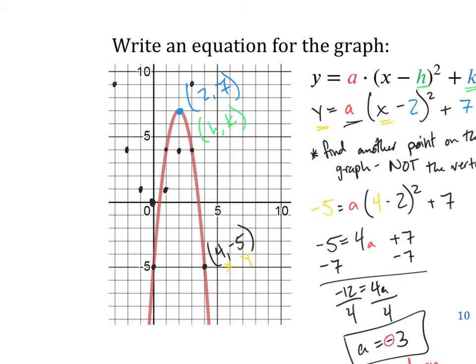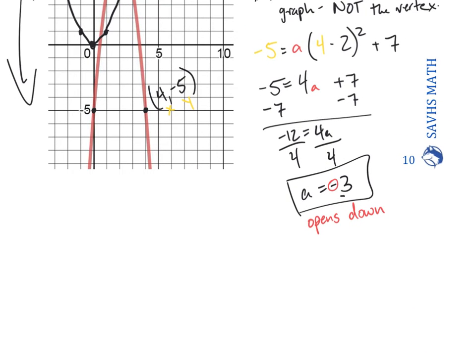And look at how beautiful that red graph is. It's stretched out vertically from the way that the black graph is shaped. It's taller. That makes sense because my a is negative 3, and 3 is bigger than 1, so it's got to be a stretch.